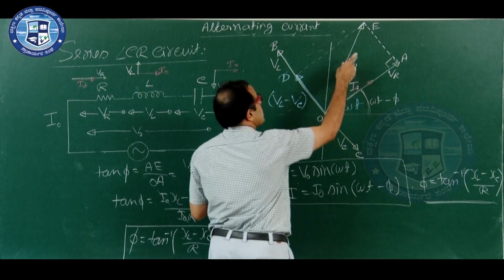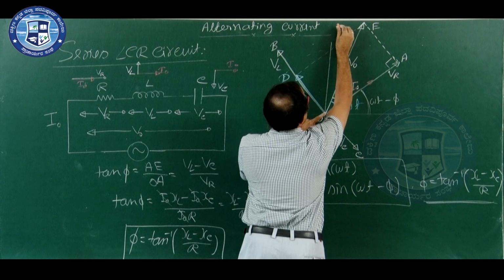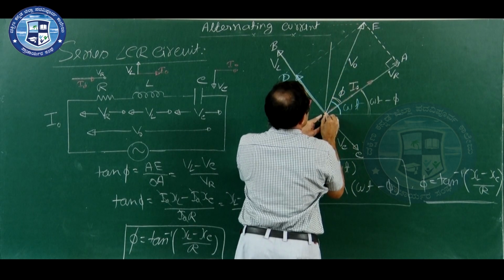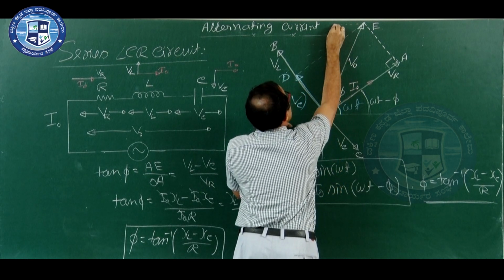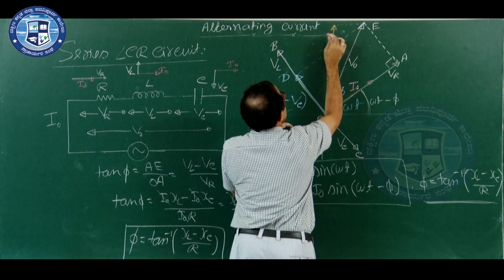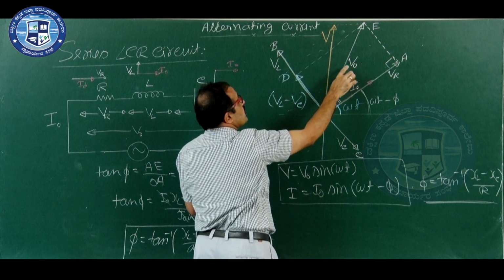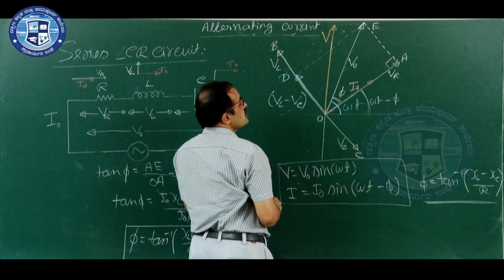So, if you want to mark the instantaneous value, this is V naught, we take its y component, that is this. Look here, this represents instantaneous value V. V is equal to V naught into sin omega t.